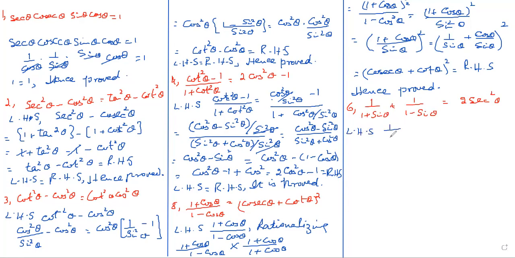1 over 1 plus sine theta plus 1 over 1 minus sine theta. So cross multiplying it. On the denominator, it is 1 plus sine theta times 1 minus sine theta.